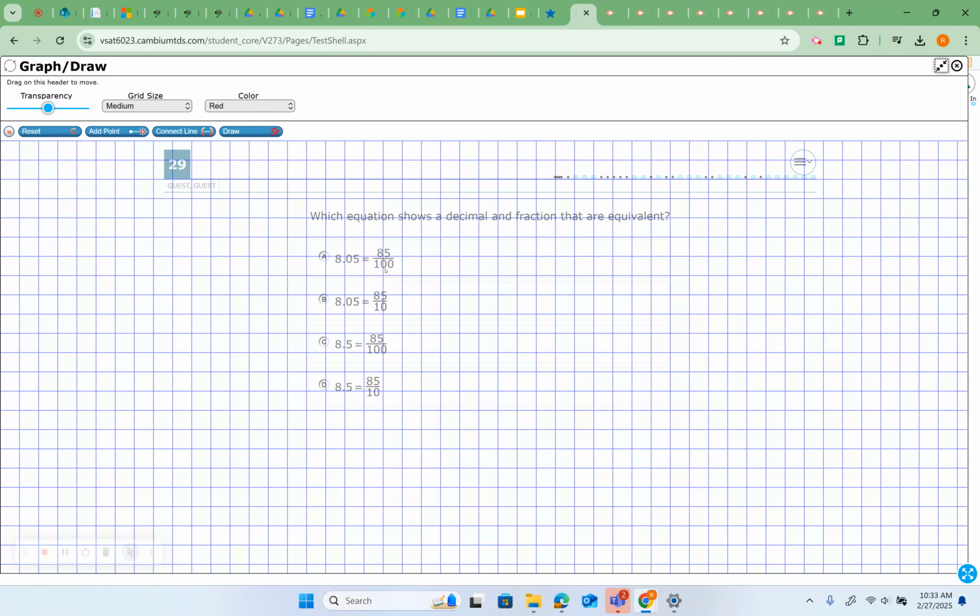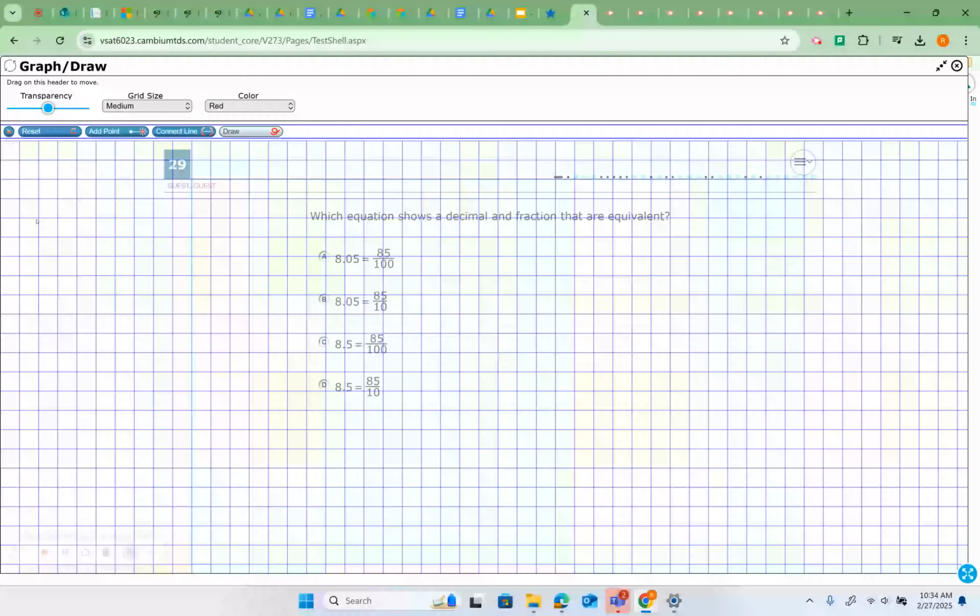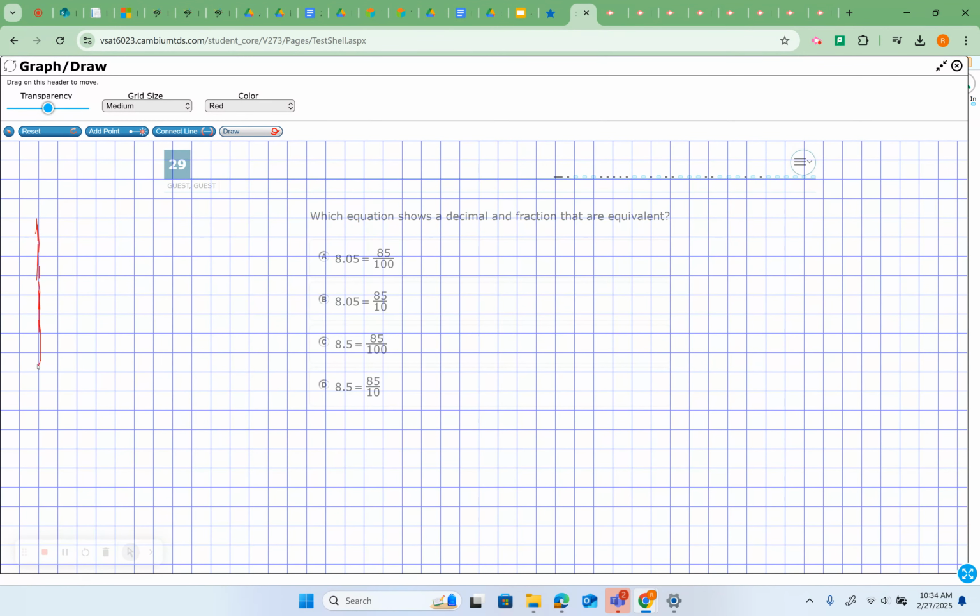So 85 hundredths. If we use the hundredths grid, and they don't get that in the test, but the hundredths grid is just 10 by 10. You draw this out here, and then another, 10 by 10.